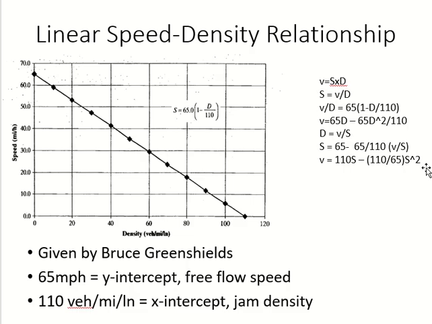Now maximum speed of the road depends upon what? Maximum speed of the road, not of the drivers. The road itself depends upon the design. So when you change the design, these numbers will change. When these numbers change, your equations will change. But the trend will remain the same. We have the same type of equation.